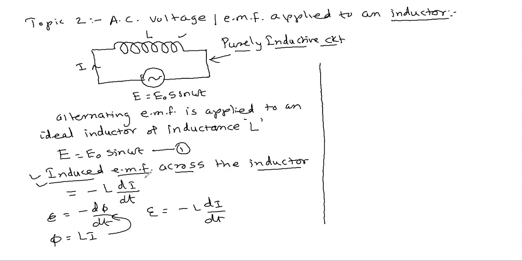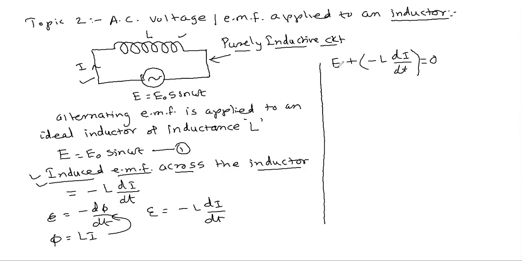So ultimately I can say, since there is no potential drop across the circuit, I can write E plus minus L di by dt is equal to 0. Why? Because if you apply Kirchhoff's law here, there is no potential drop across the circuit.